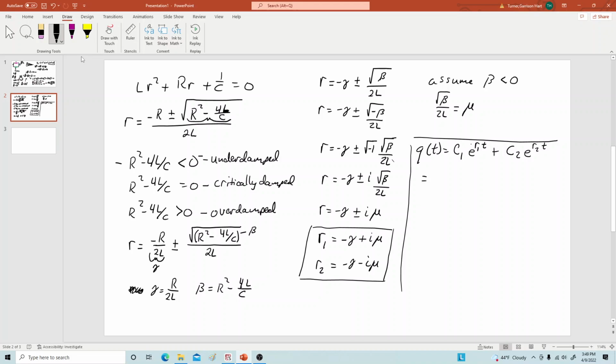So this is going to equal C1 times e to the negative gamma plus i mu, all of that times t, plus C2 e to the negative gamma minus i mu, times t. Okay?